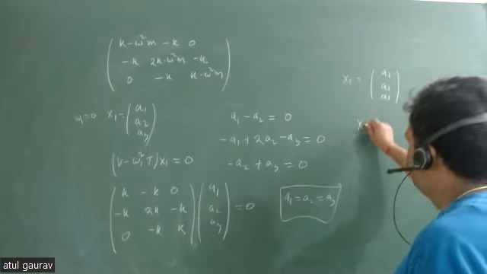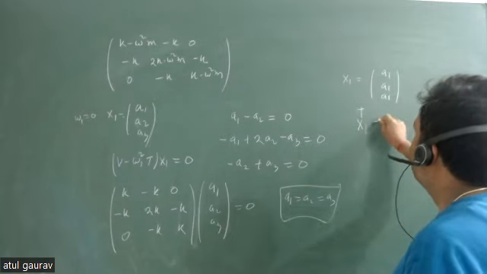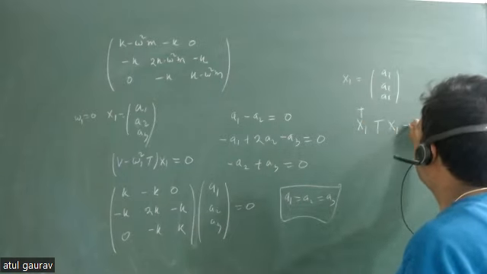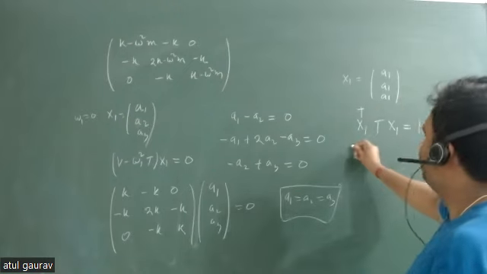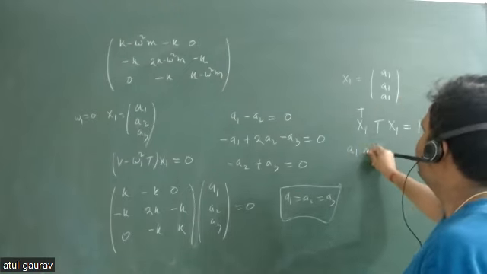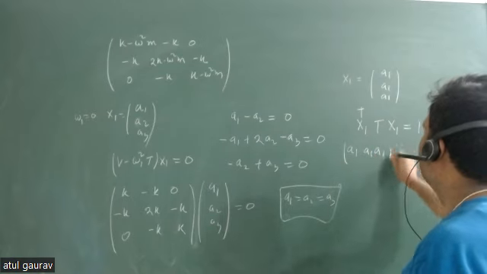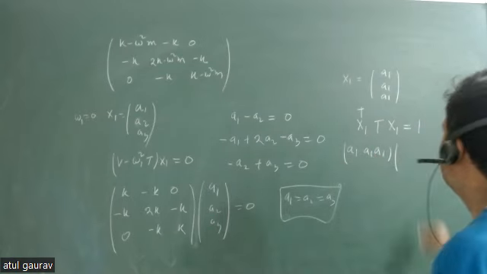x1 transpose. Very good. x1 transpose, kinetic energy matrix, x1 must be equal to 1. So what is x1 transpose? And I assume this is real number. We are not doing quantum mechanics. A1, A1, A1. And what is this kinetic energy matrix?